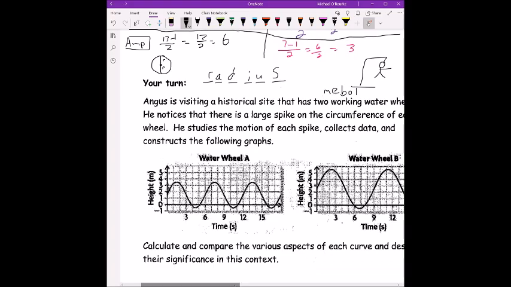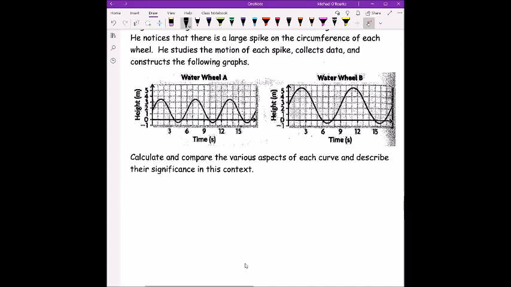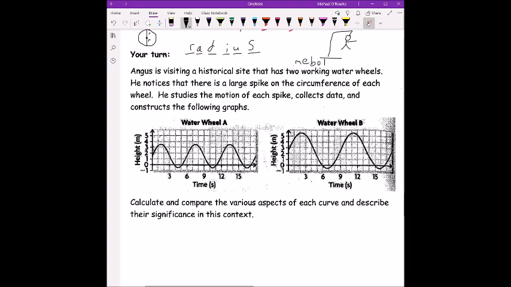Oh, we got to do a history lesson here. Who knows what a water wheel is? Who can picture an old mill by a river?